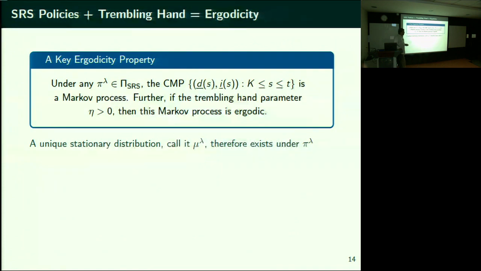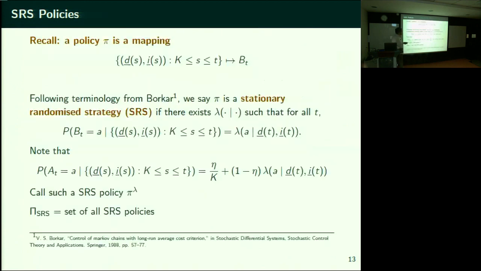Then of course there is aperiodicity and positive recurrence. For irreducibility, you select according to lambda, but this conditional distribution lambda may not put a strictly positive probability on selecting every arm. Let's say you always select arm 1, so that lambda given whatever is always a point mass at arm 1.